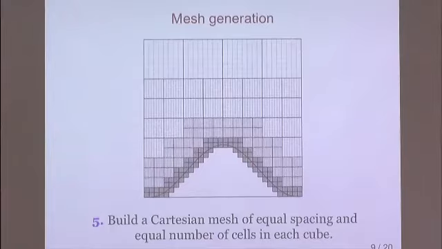Finally, build a Cartesian mesh of equal spacing and equal number of cells in each cube. For example, in this case, there are 4 different sizes of blocks, but I put 8 times 8 cells in all the blocks, regardless of the size of the blocks. Therefore, the local computational resolution is determined by the size of the block, so that locally defined grids at arbitrary boundaries are obtained in the same process.